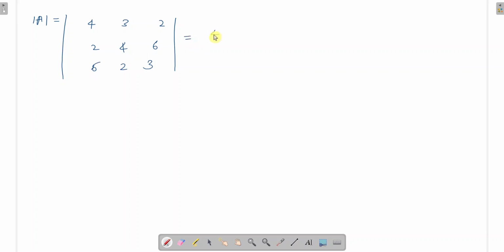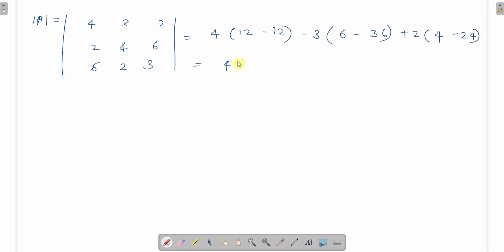So that will be equal to 4 times (3 times 4 is 12, minus 2 times 6 is 12), then minus 3 times (3 times 2 is 6, minus 6 times 6 is 36), plus 2 times (2 times 2 is 4, minus 6 times 4 is 24).